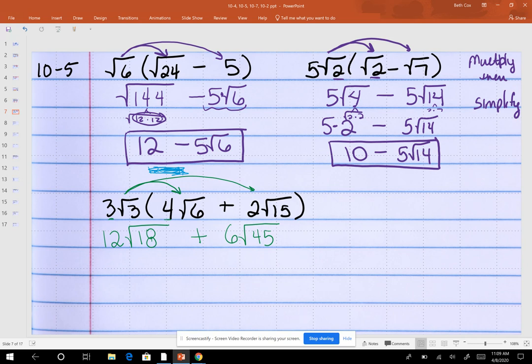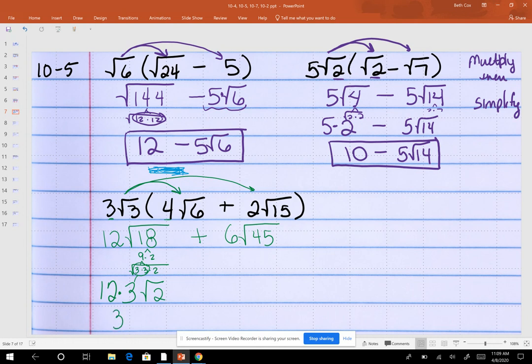Okay, and now I'm going to simplify. Remember, the 12 is already out, and now I'm going to break the 18. The 3 gets out, and the 2 stays in.